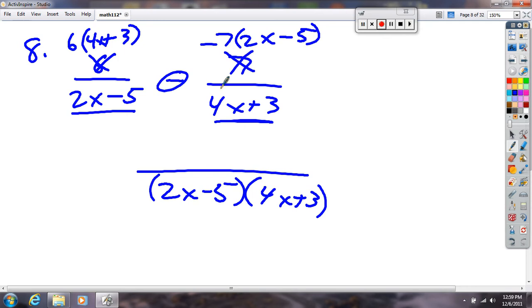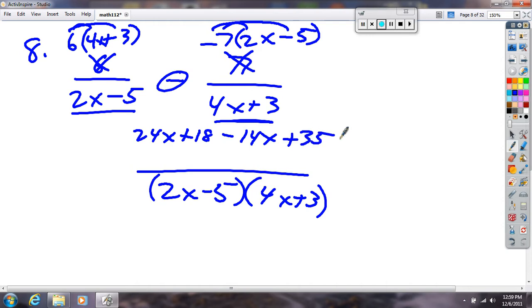So now multiply. Over here on the left, 6 times 4x is 24x again. And 6 times 3 is a positive 18. Over here, negative 7 times 2 is a negative 14x. And the negative 7 times the negative 5 is a plus 35.